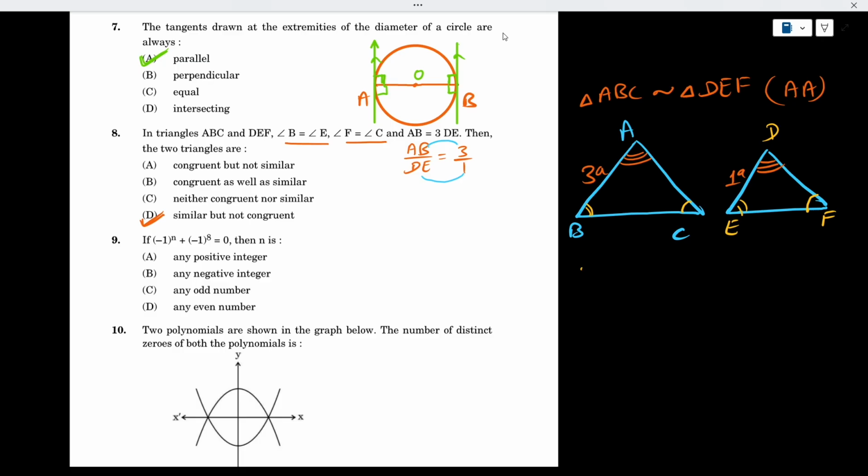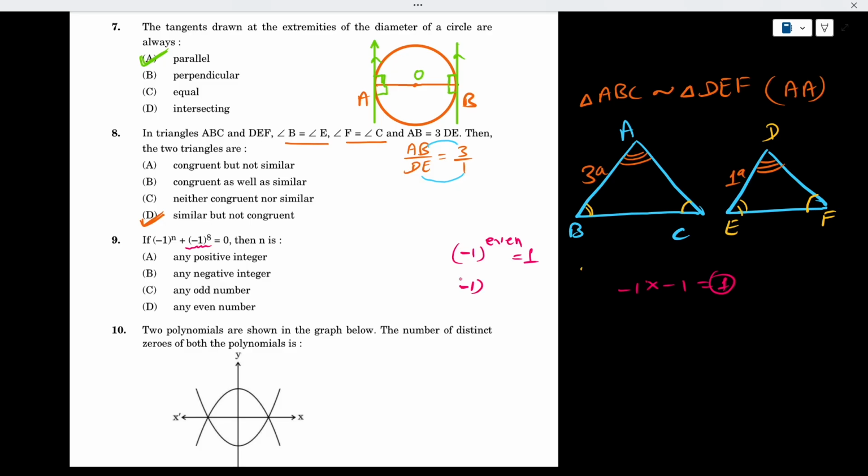What is given here? It says minus 1 to the power n plus minus 1 to the power 8. So first you do the simplification of this. You should remember the rule here. Minus 1 to the power of an even number is always plus 1, because when you multiply negative 1 an even number of times, it is always positive 1.